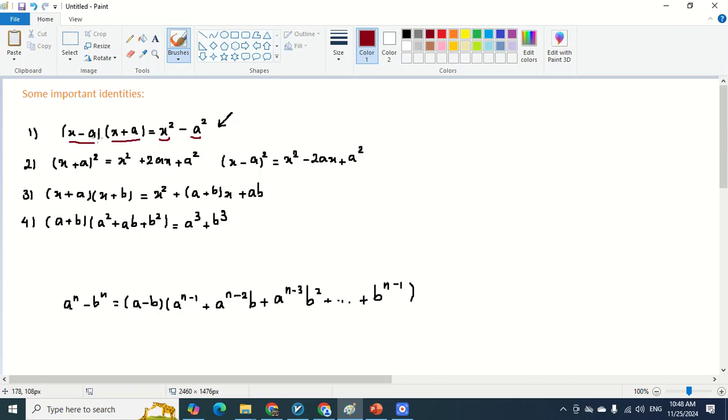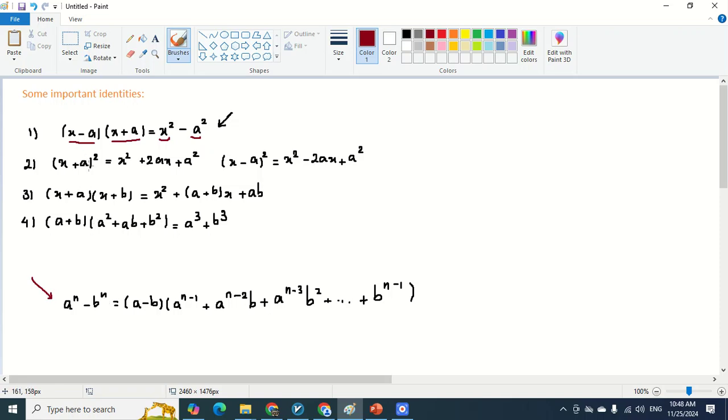These two terms, x minus a and x plus a, are called the conjugates of each other, so x minus a is a conjugate of x plus a, and so on. This type of expression can be extended to x to the power of n minus a to the power of n as well. Later on we will discuss these things as well.